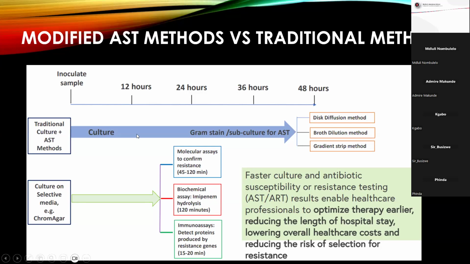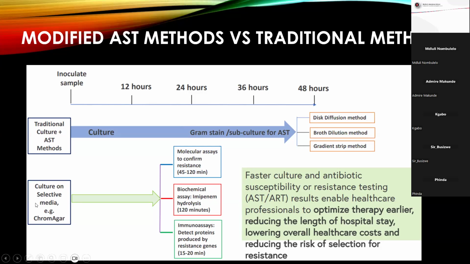They are still culture-based, but they shorten the subculture period, like the broth method, which can be automated. I'll go into how you can shorten it from 48 hours to almost 24 or 36 hours, or after subculturing, you can get AST results within 10 hours.